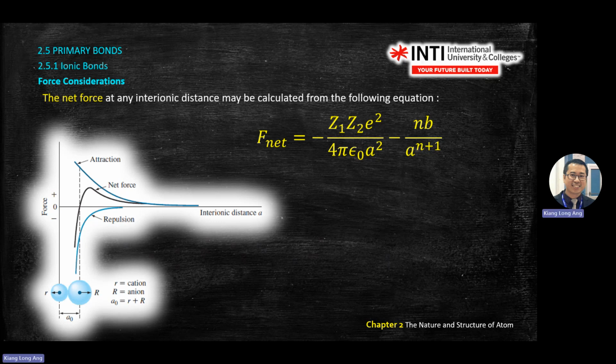There's an equation here. The front one is the attractive energy. This equation won't be given in the test. You need to memorize it. This equation comes out in every Test 1, one question.